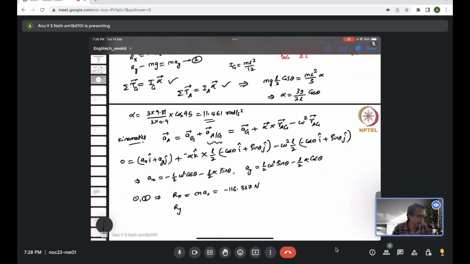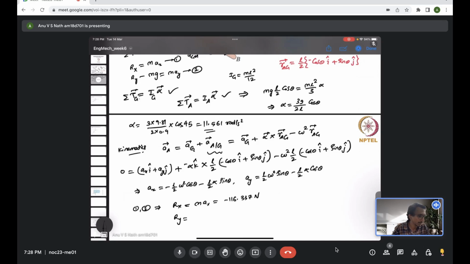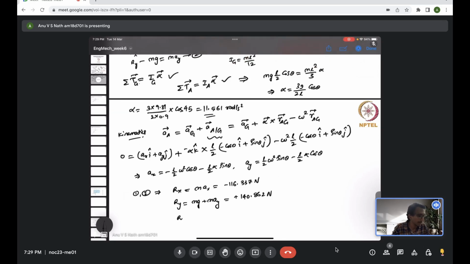And the reaction in the y direction, from the second equation, is mg plus may, which is around plus 140.862 Newton. Now the net reaction force magnitude is the square root of Rx square plus Ry square, and you will find it to be 192.69 Newton. So that's the answer.